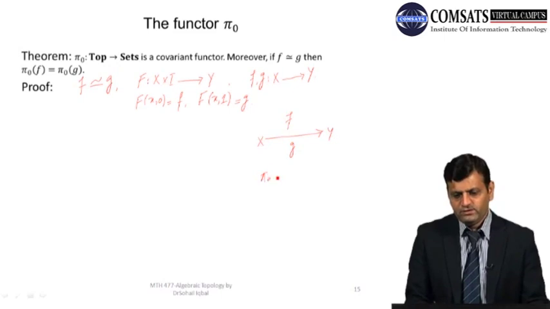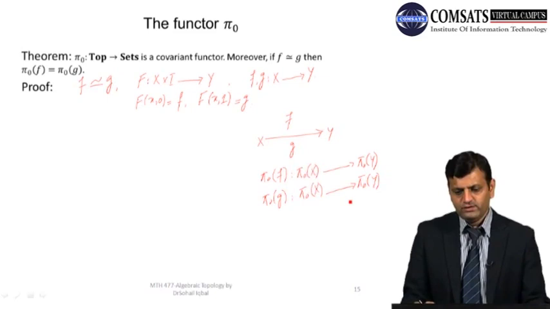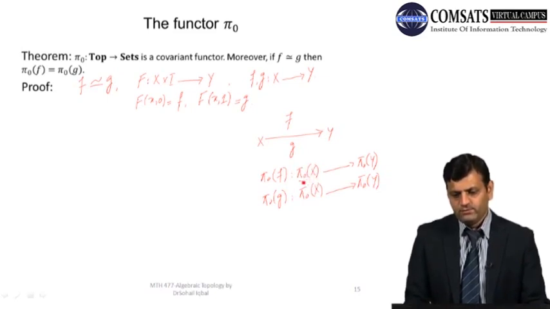So π₀(f) is a function from the path connected components of X to the path connected components of Y, and of course π₀(g) is also a function from path connected components of X to the path connected components of Y. Now we have to show that if we take a path connected component from π₀(X), then its image under π₀(f) and π₀(g) is the same.